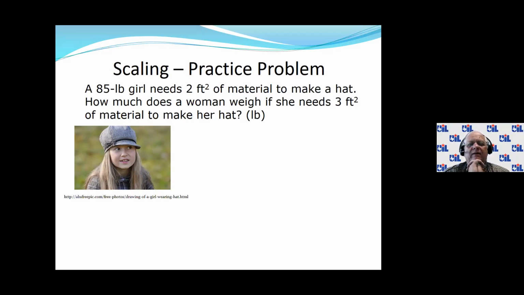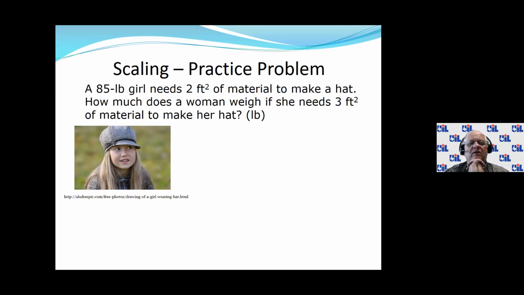So in this case, the area is proportional to length to the 1/2 power, and the weight of the female goes with length cubed.